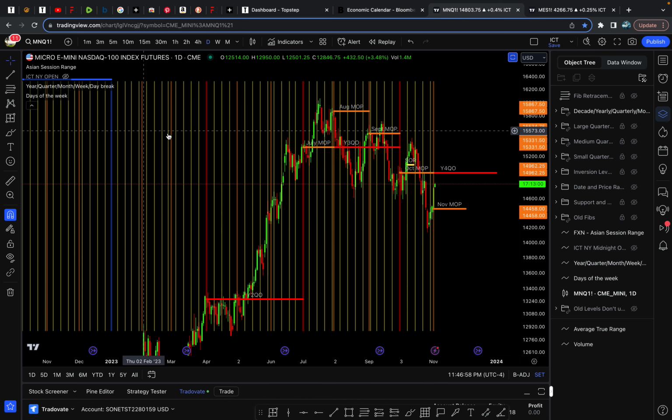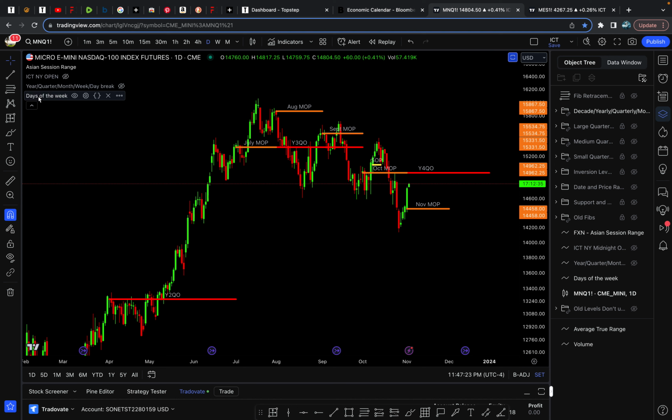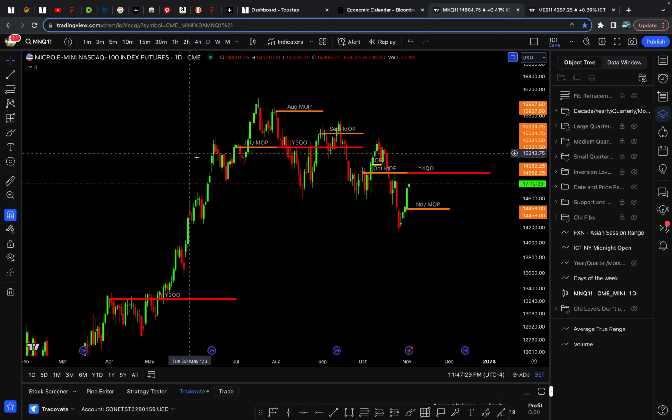But anyway, those red lines separate the yearly quarters, and then you have monthly separated by the orange, which these are also colored orange, and then you have the yellow, which is the monthly opening price, which I also have in yellow on the levels. I hope that makes sense. If it doesn't, just try to keep up.